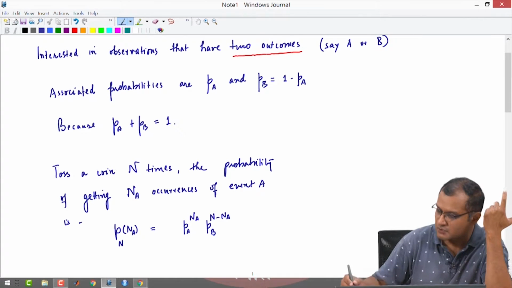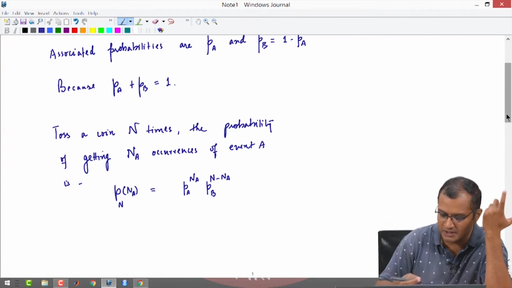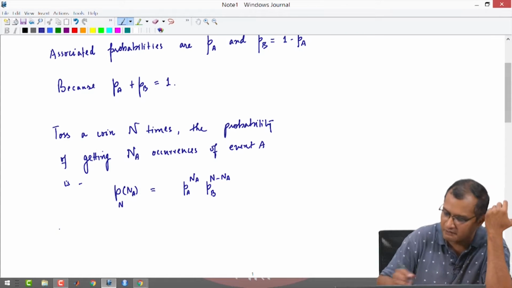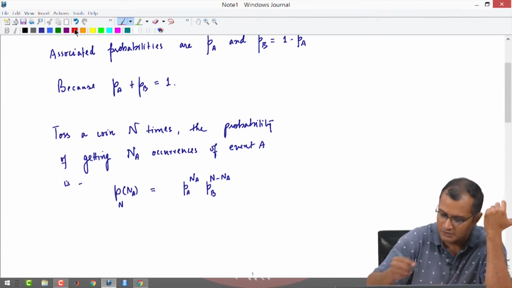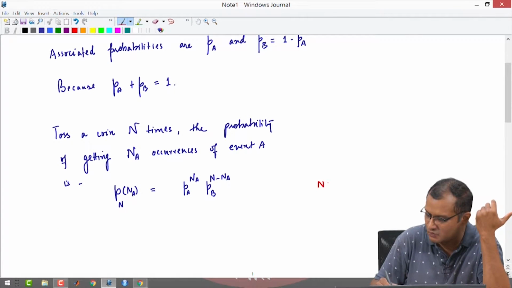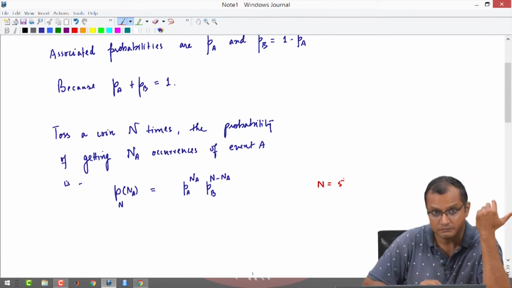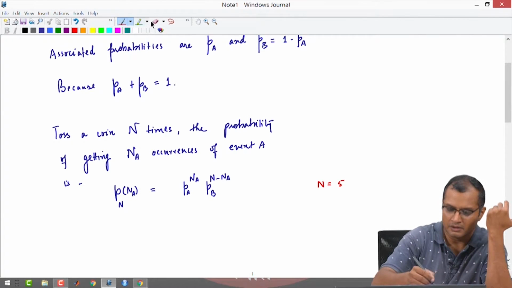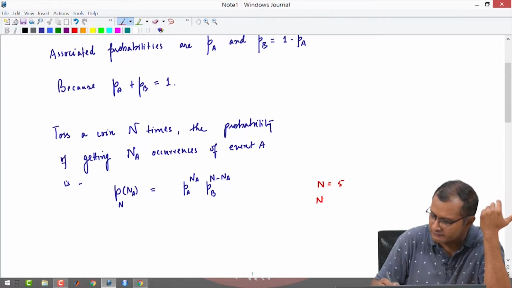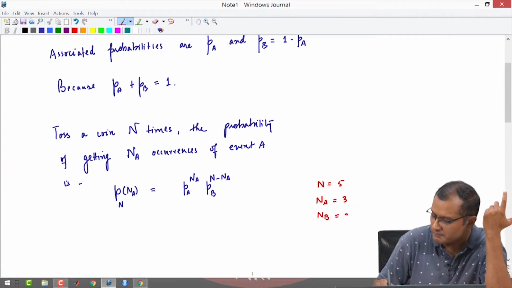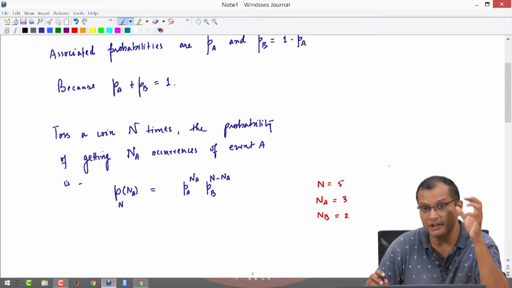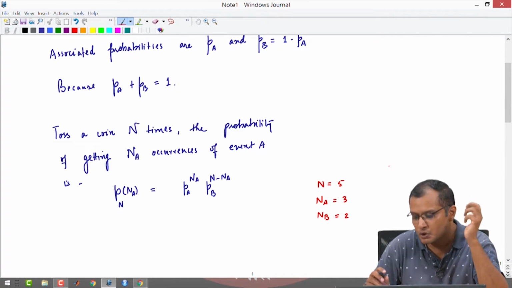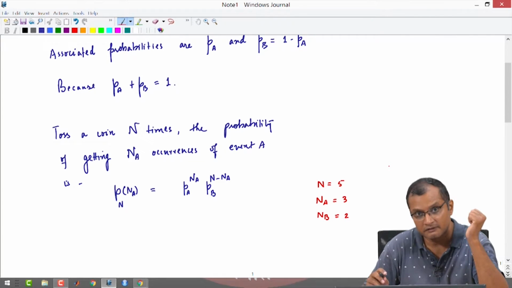But as you can see, I am going to pick a very simple example. Let us take N to be 5, and say that I have tossed the coin 5 times, and I got the heads 3 times and the tails 2 times. So, what is the probability of getting 3 heads and 2 tails if I toss it 5 times?